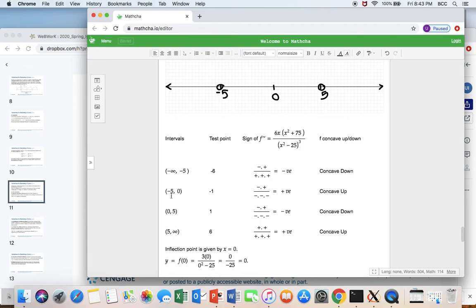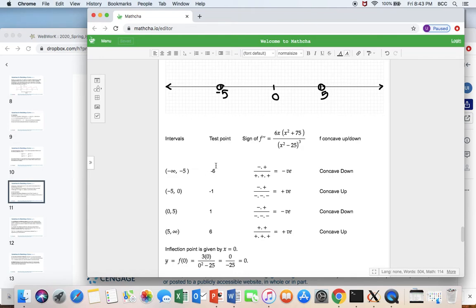Negative 5 to 0, I chose a test point. 0 to 5, I chose a test point 1. 5 to infinity, I chose a test point 6. So negative 6, negative 1, 1 and 6.